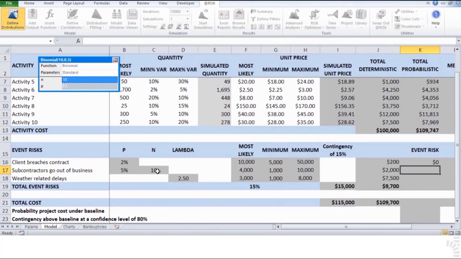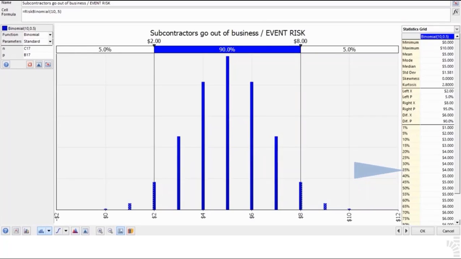Make a reference to C17 for n equal 10 subcontractors and C17 equals 5% probability of bankruptcy each. And then click on the upper right-hand corner icon of this small window to return to your distribution definition chart.